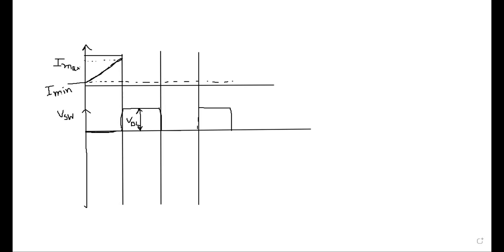It reaches the maximum value with the slope (VDC minus V naught) by L. This is the slope for on time, during on time, VDC minus V naught by L. And then again it will discharge its charge with the slope minus V naught by L. This way it will repeat.